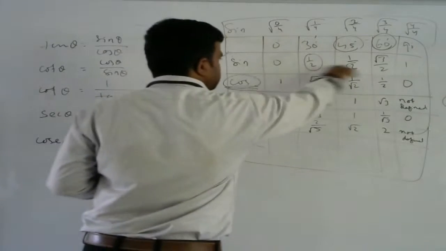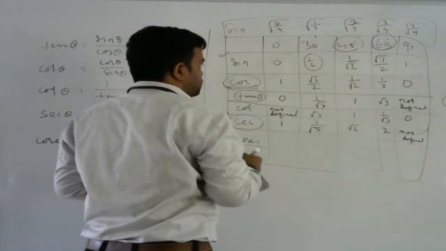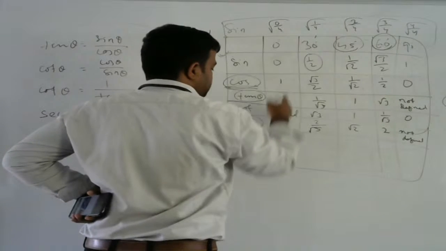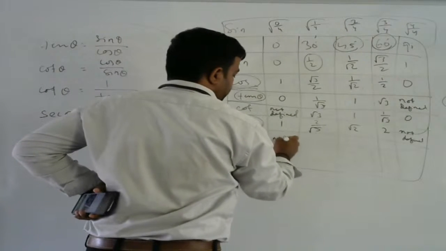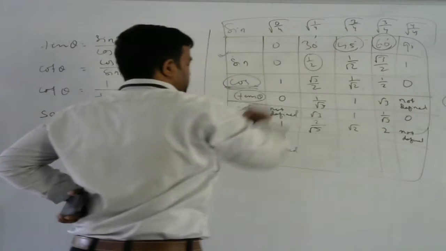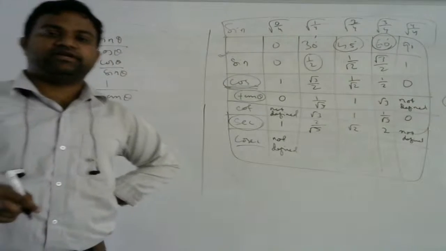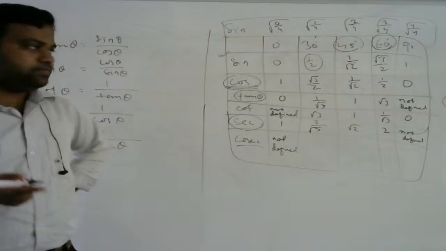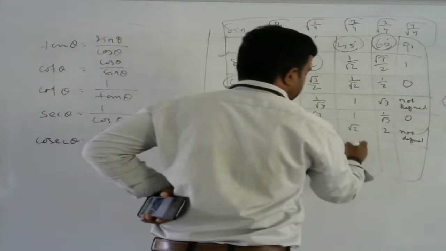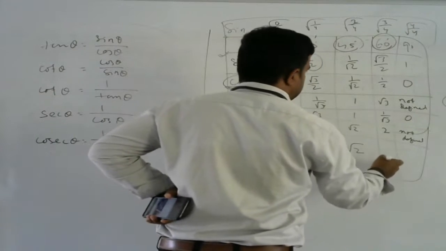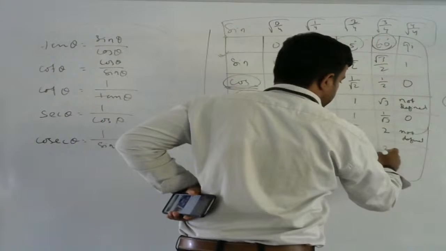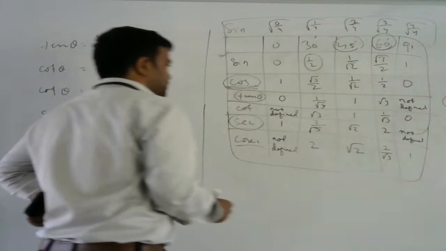So these are the sine values. Cosec 0 will be 1 upon 0, not defined. Then cosec 30 degree will be, sin 30 is half, so cosec 30 is 1 upon half, that is 2, and cosec 45 will be root 2, cosec 60 will be 2 by root 3, and cosec 90 will be 1.